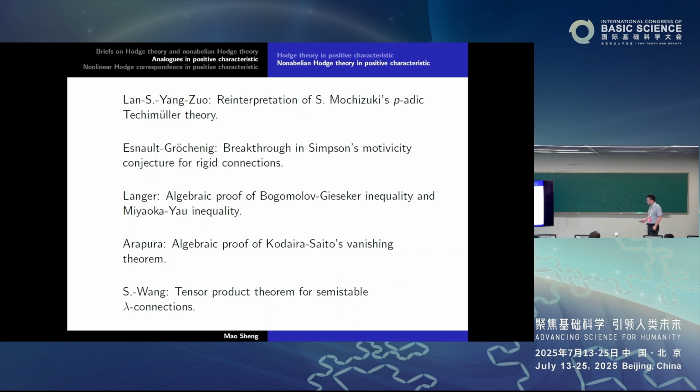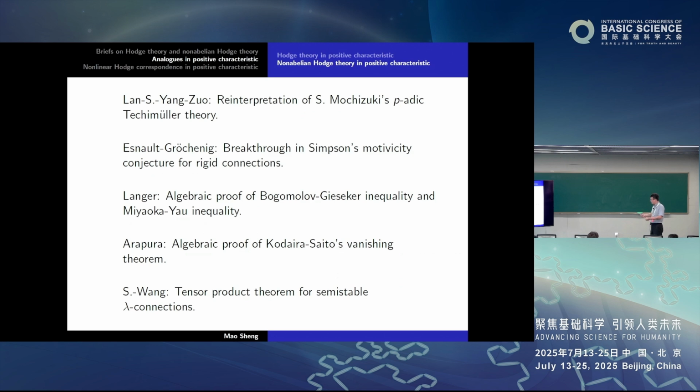The second is a breakthrough by Groechenig on Simpson's motivicity conjecture on rigid connections. Simpson's conjecture says that any rigid connection over the complex numbers must be motivic. Being motivic means that it comes from geometry, from a family of varieties over a base.